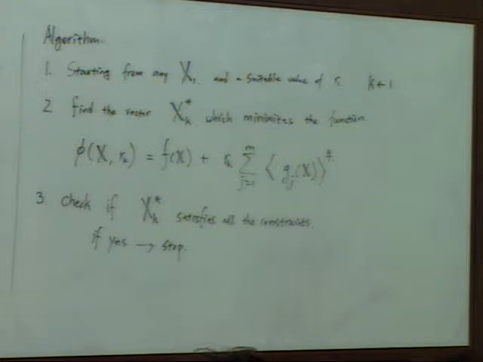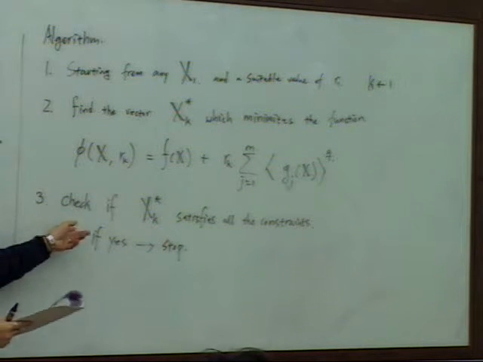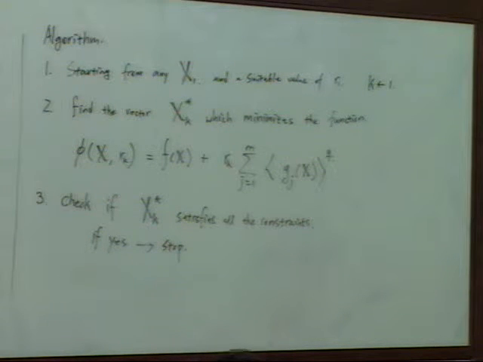The algorithm is a little bit different because in exterior penalty function, there is a possibility that you will end up outside of this feasible region. So you have to check this point is actually inside of the feasible region.